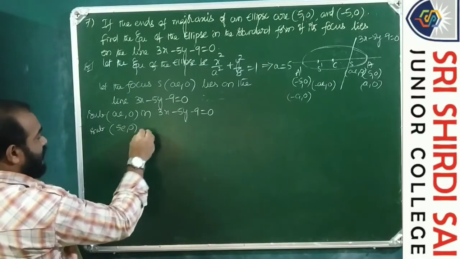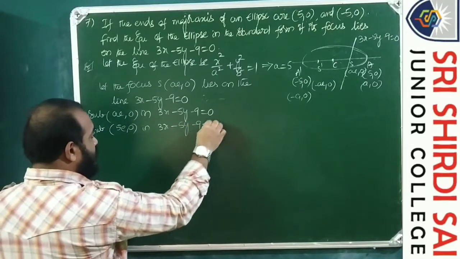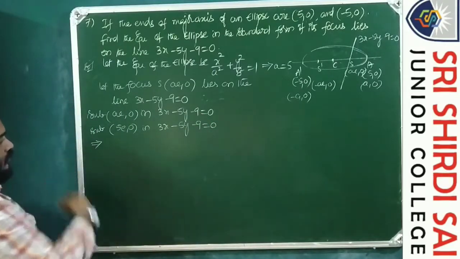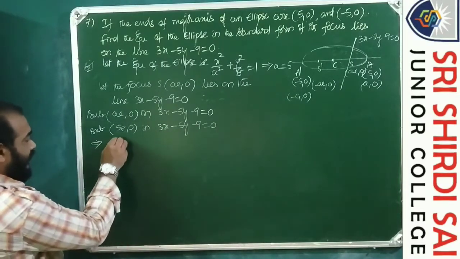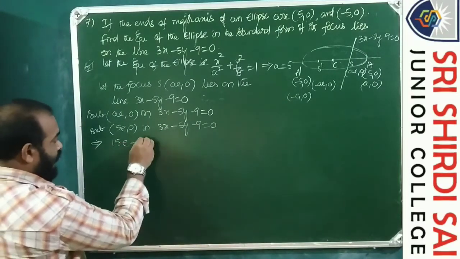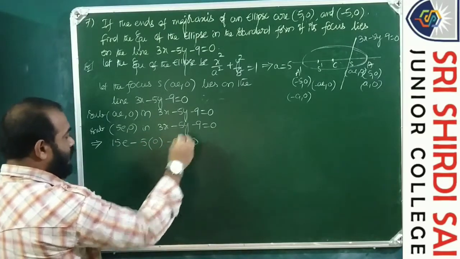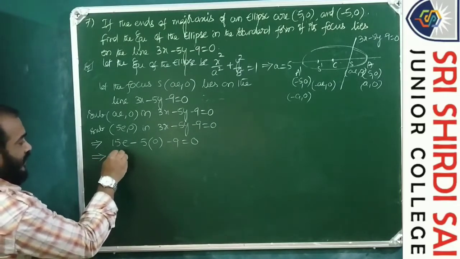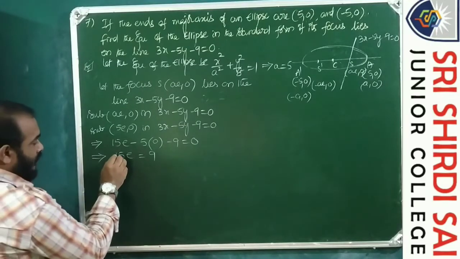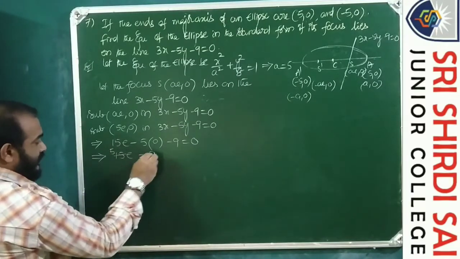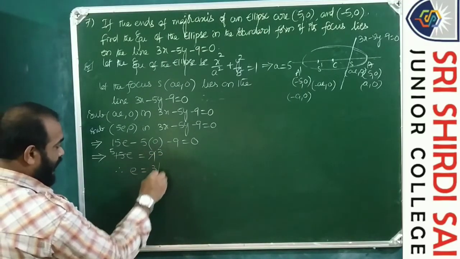Substituting (5e, 0) in 3x minus 5y minus 9 equals 0: 3 into 5, 15e, minus 5 into y value 0, minus 9 equals 0. This is 15e equals 9. 3 fives, 3 threes. Therefore, the value of e is equal to 3 by 5.